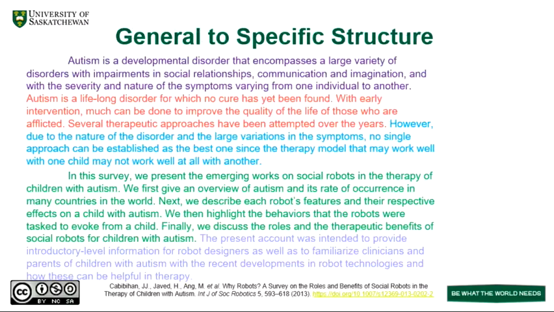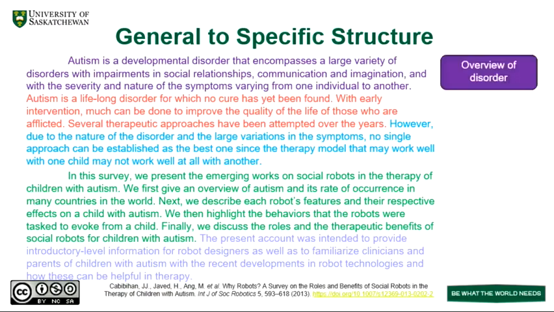So if we start breaking this introduction down, we'll start to see the following structure emerge. And this structure is often described as a general to specific structure. And this is probably the most conventional way of approaching any introduction in an academic context, but really any context apart from fiction.